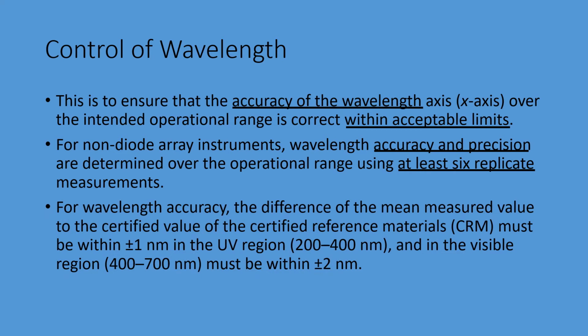For wavelength accuracy, the difference of the mean measured value to the certified value of the certified reference material must be within plus or minus 1 nanometer in the UV region of 200 to 400 nanometers, and in the visible range of 400 to 700 it must be within plus or minus 2 nanometers.